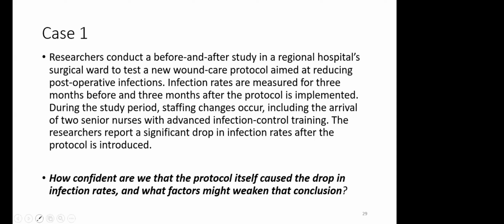So the protocol was not shared. We're just saying it's a new wound care protocol that's aimed at reducing post-op infections. So it's just a hypothetical case. It wasn't really shared per se.